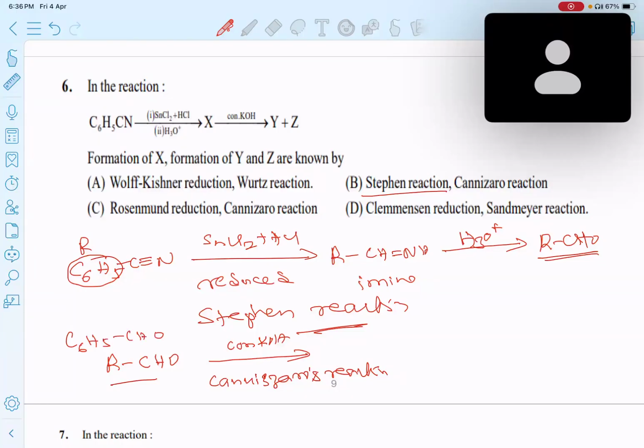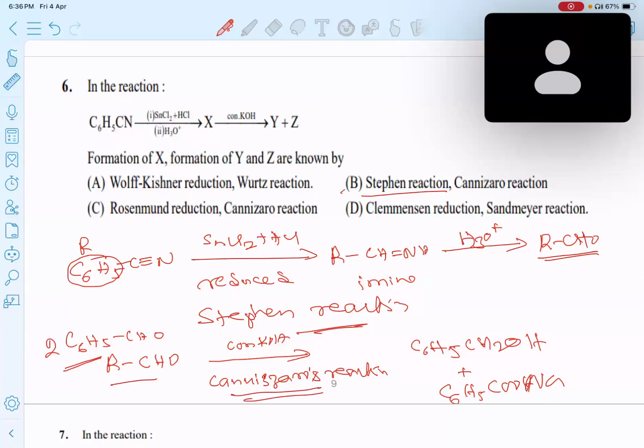When treated with concentrated KOH, two molecules of benzaldehyde undergo self-oxidation and reduction. One molecule of benzaldehyde is reduced to benzyl alcohol, C6H5CH2OH. Another molecule of aldehyde is oxidized to sodium benzoate, C6H5COONa. So this reaction is known as the Cannizzaro reaction.